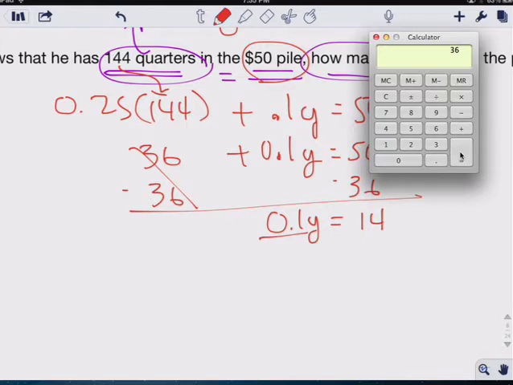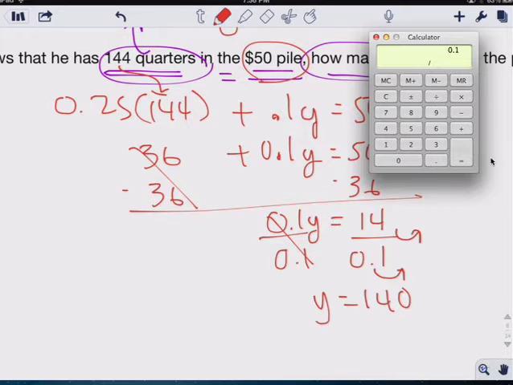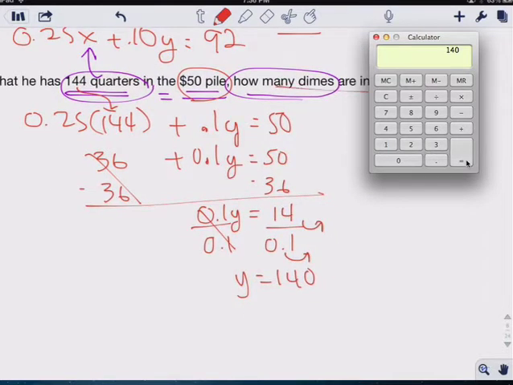Divide by 0.1, divide by 0.1. y then equals 140. Or you can put in here 14 divided by 0.1. It's 140. 140 dimes. How many dimes? There are 140 dimes.